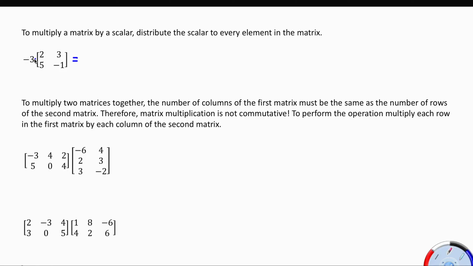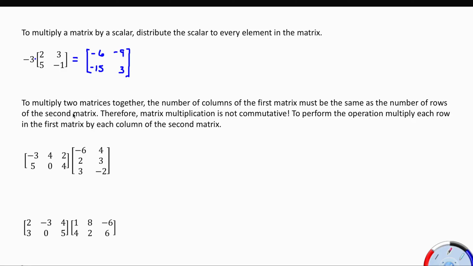I just multiply this -3 by every element. -3 times 2, -6, -3 times 3, -9, -3 times 5, -15, -3 times -1, +3.